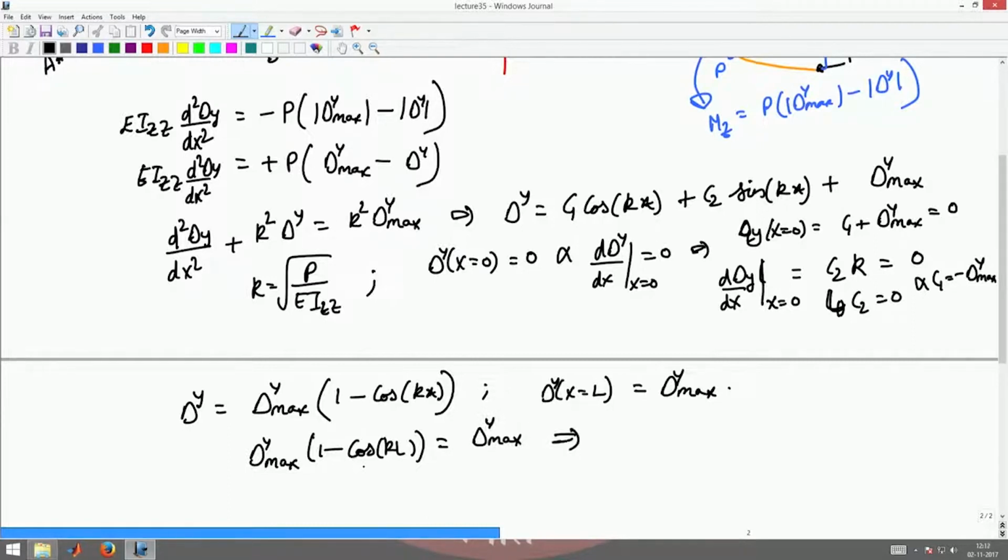This would imply two cases: delta y max has to be 0, or cos kL has to be 0.